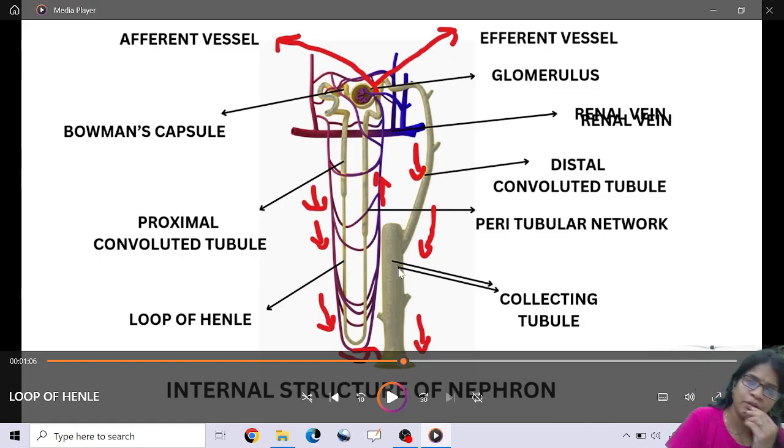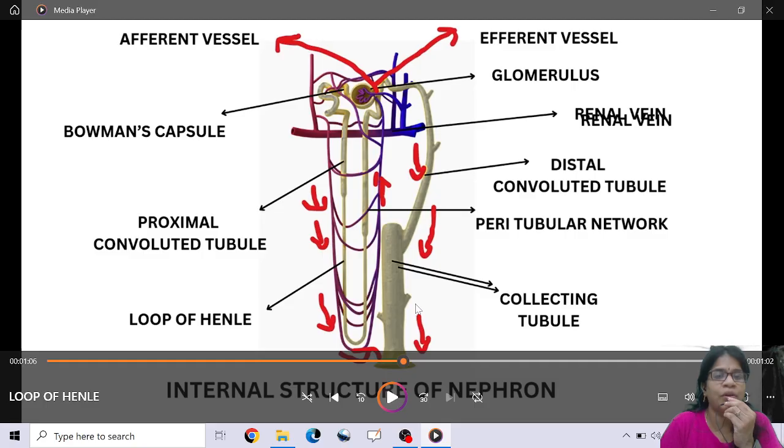The collecting tubules of each and every nephron, for that matter those twenty million nephrons, open into your pelvis. Finally the whole flush collects in the pelvis and comes out of your kidney through the ureter and urethra.